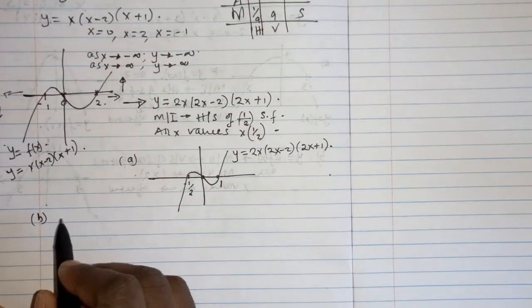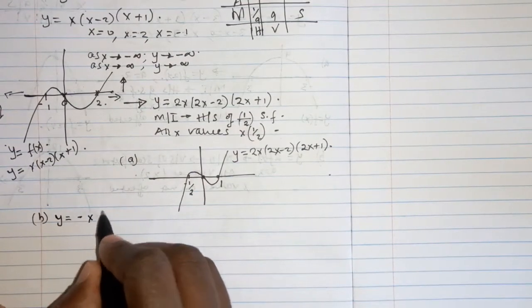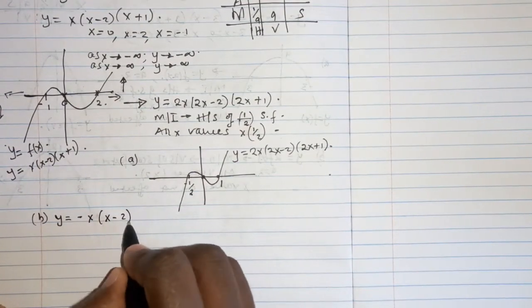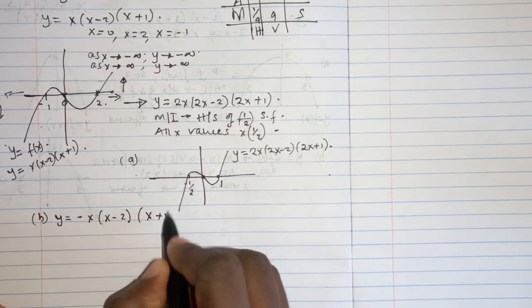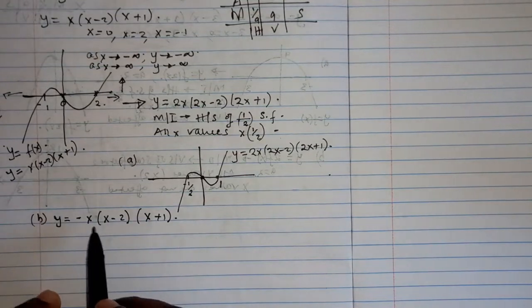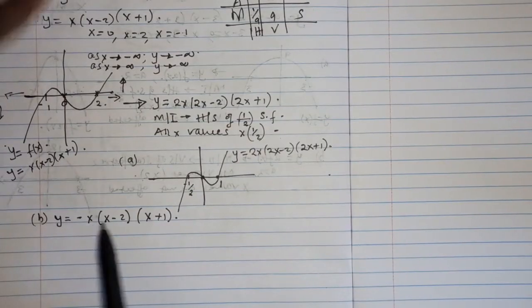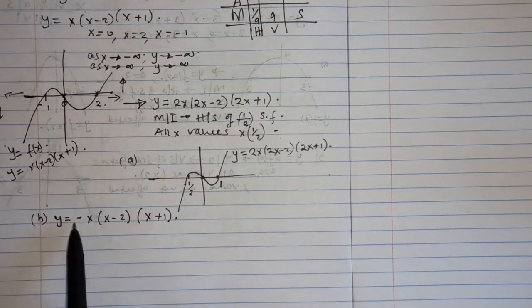In part B, we are having something that looks like y equals minus x, x minus 2, x plus 1. You can already see this one has been multiplied. The difference between the original graph and the graph we are expected to sketch is that there is a negative sign outside there.